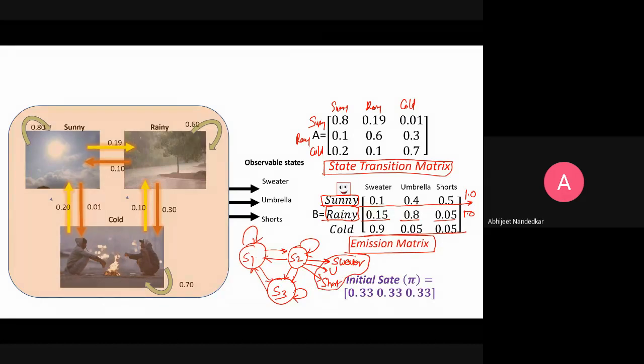So when S2 stands for rainy day, then the probabilities for different indicators are 0.15, then 0.8, and then 0.05.